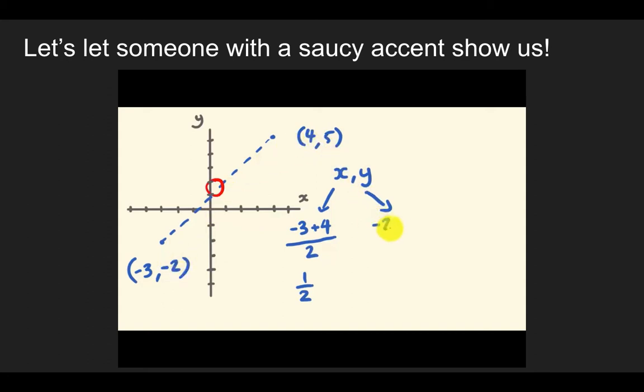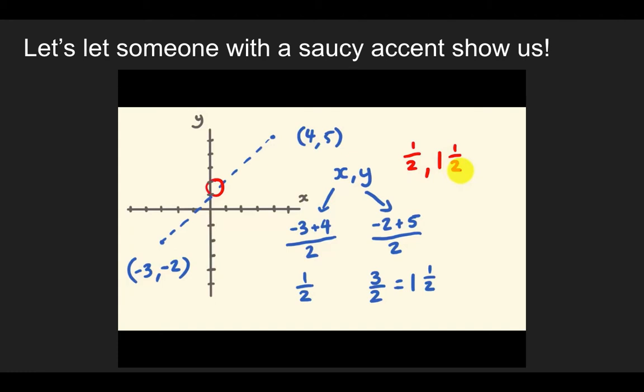We're going to work out the average between these as well. -2 plus 5 is 3, over 2, which is equal to 1.5. So our xy values, and I'll write them down here, is half, 1.5.